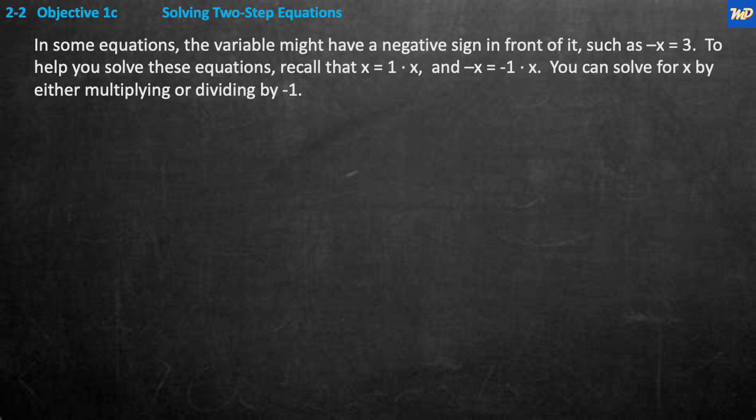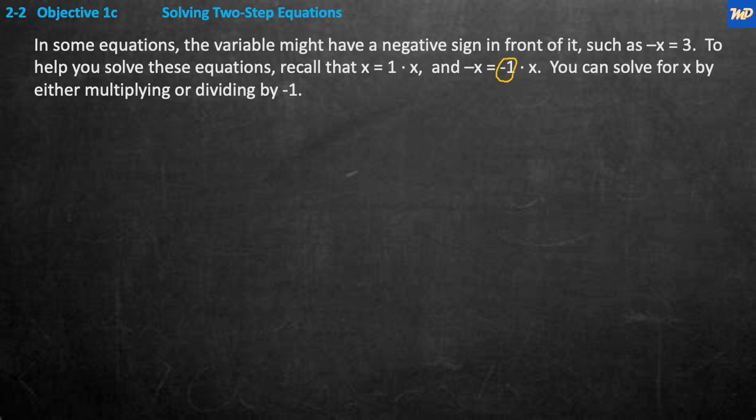To help you solve these equations, recall that x equals 1 times x, and negative x equals negative 1 times x. That's all you have to know: that negative sign always means negative 1. Anytime you see a negative sign, you can replace it like this.